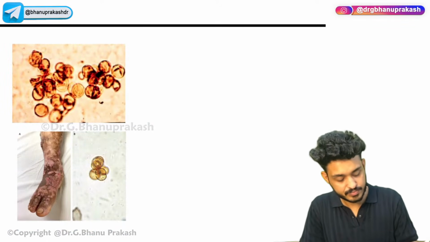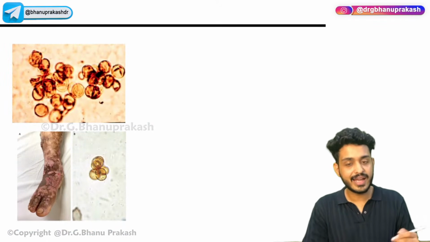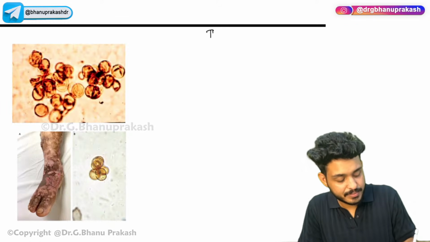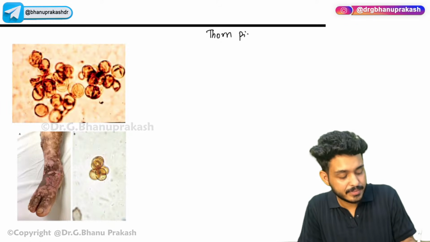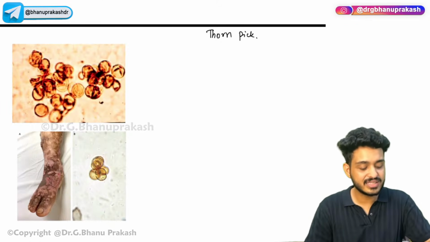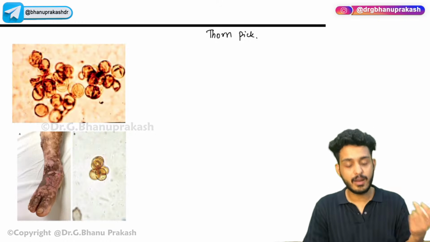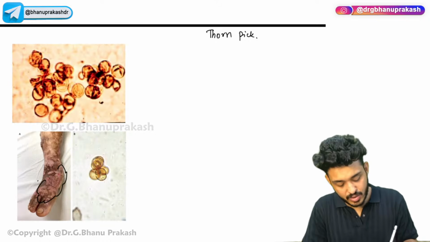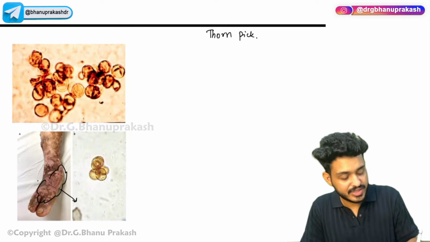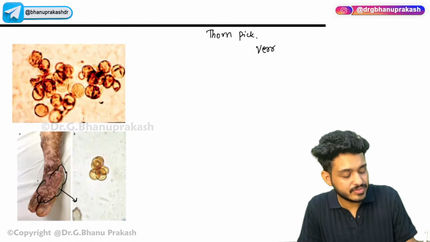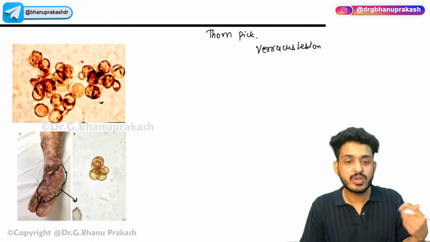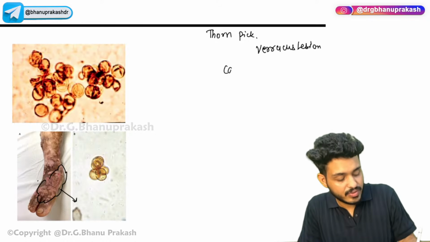Try to answer this one. What is this? Here again you will have a thorn prick history. The patient will be given a history of a thorn prick, and apart from that, he will develop a verrucous lesion. Verrucous means warty lesion, a cauliflower-like lesion.